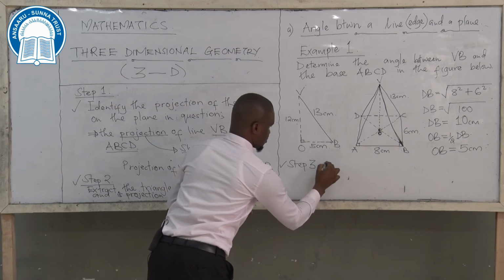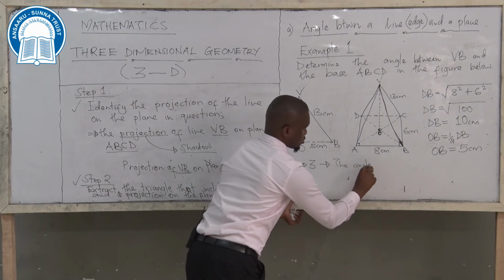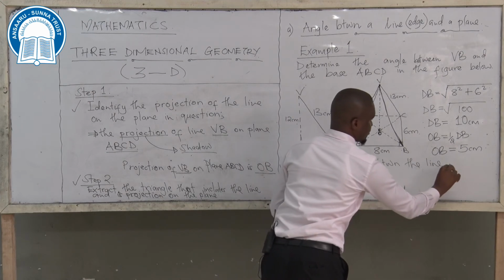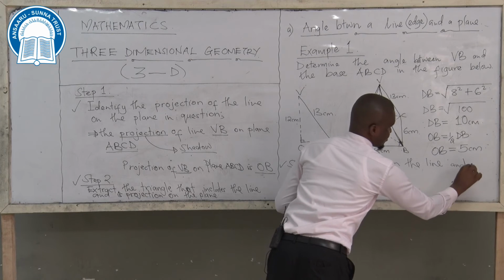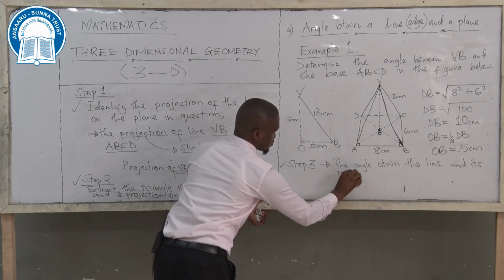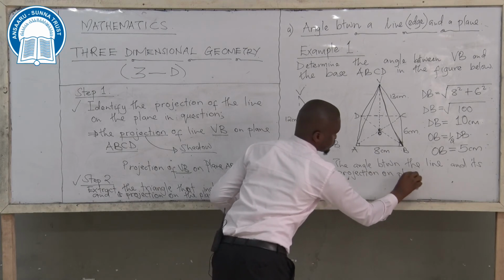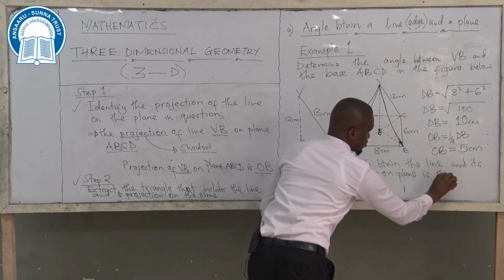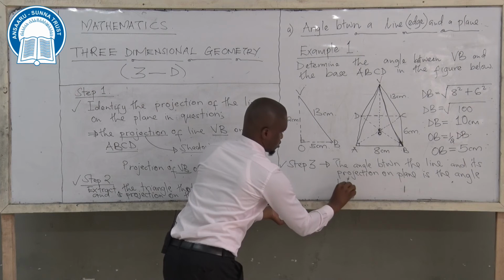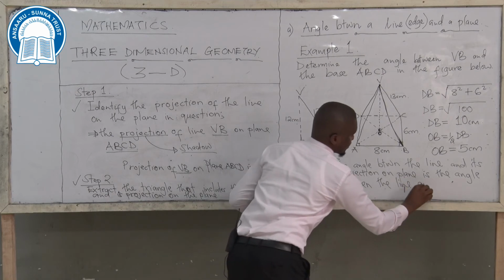Step number 3 is the conclusion, where we are now saying that the angle between the line and its projection on the plane is the angle between the line and the plane.